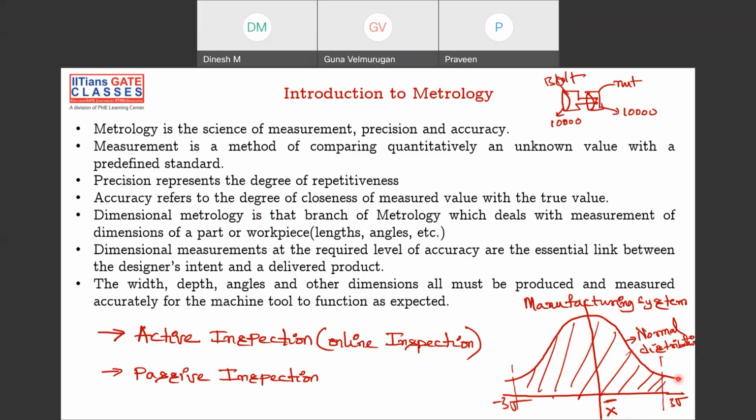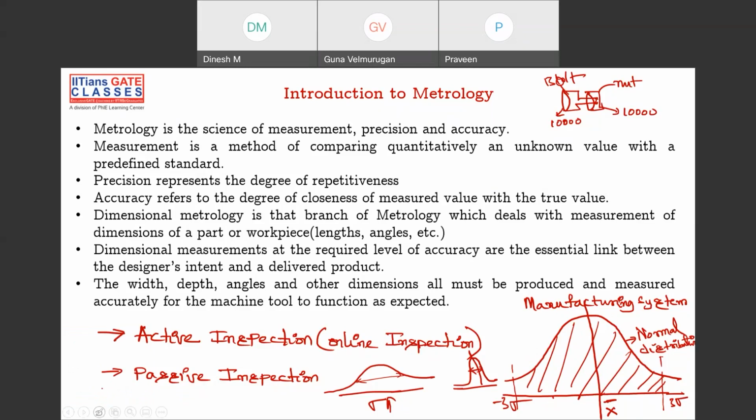The normal distribution curve can be very spread out like this or very sharp like this. More spread means more standard deviation, and more standard deviation means your consistency and repetitiveness are not good. Less standard deviation means your repetitiveness is good.